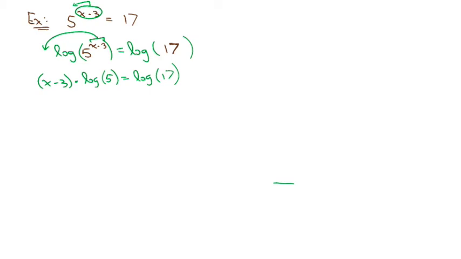So it's safer just to divide both sides by log of 5. So now you have x minus 3 by itself is equal to log of 17 divided by log of 5. Now what? Add 3 to both sides and you've solved your equation.